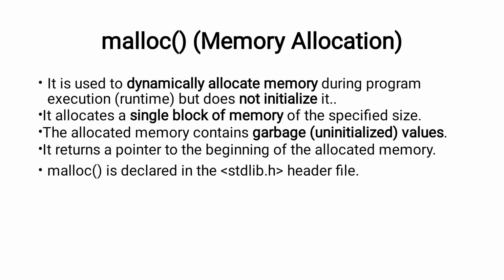Here also a single block of memory of the specified size will be allocated, and as I said before, garbage values will be initialized to that memory. To use this function we have to include this header file, and it returns a pointer to the beginning of the allocated memory.